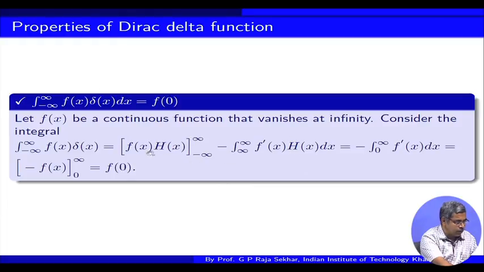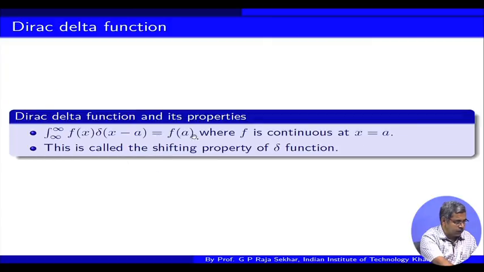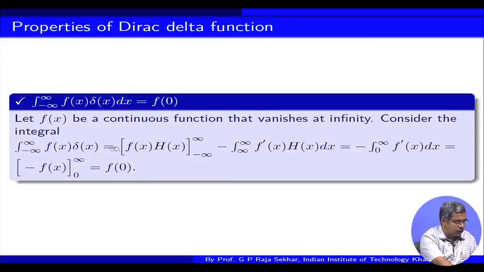This is going to 0 because of the definition of the Heaviside function. Then you are left with this. We apply the definition of the Heaviside function, then you get this. So, the proof for this is along exactly similar lines; the only thing is it is shifted by a. Okay. So, this is one property.